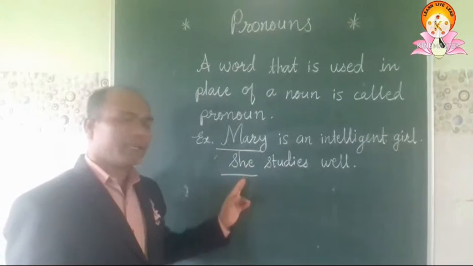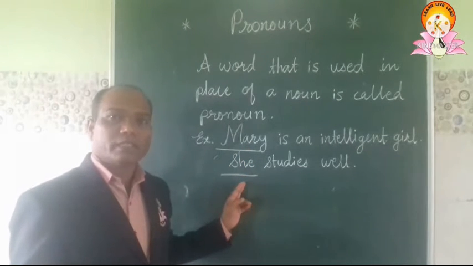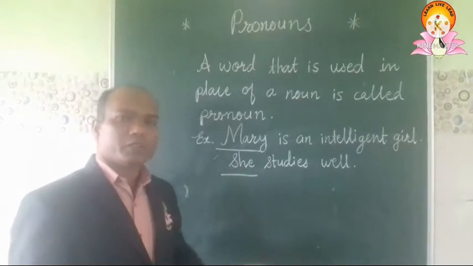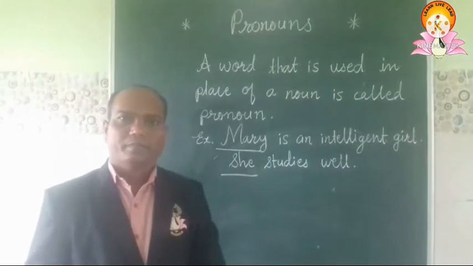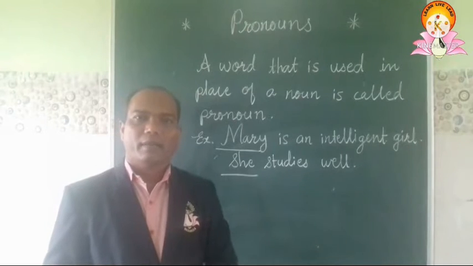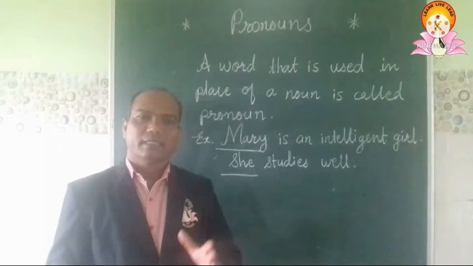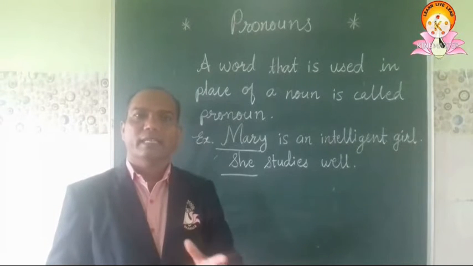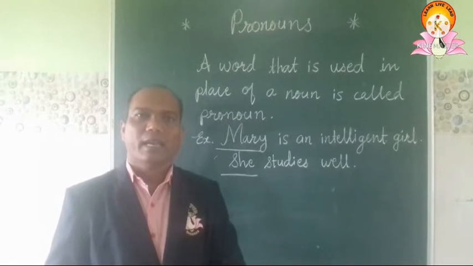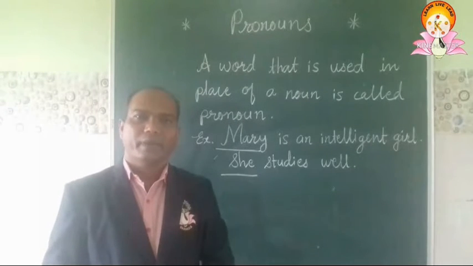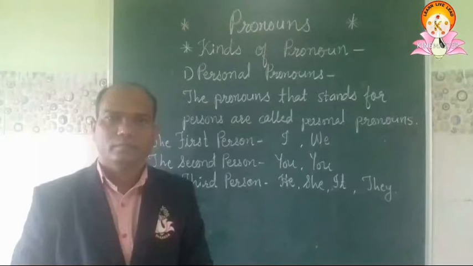So from this example, we learn that in the same paragraph or in the same sentences, if the same noun is repeated, then to avoid that repetition, we can use different pronouns.